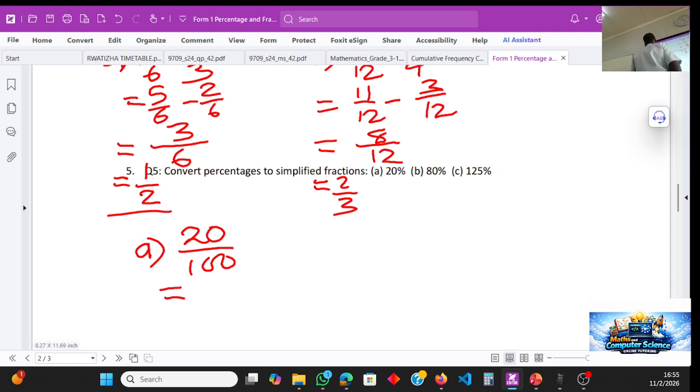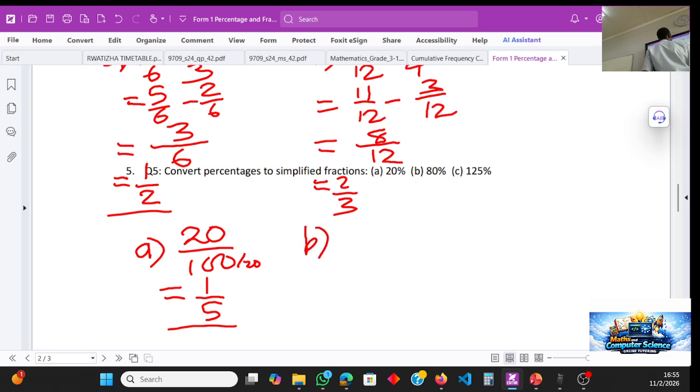Now, what we'll do here is we look for the HCF of 20 and 100. Now, because these two are multiples of 20, so 20 becomes the HCF. So on the numerator, we say 20 divided by 20, the result will be 1, and 100 divided by 20, it will be 5. Then we'll be done with the first one.